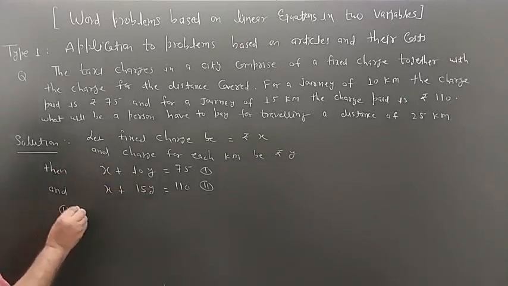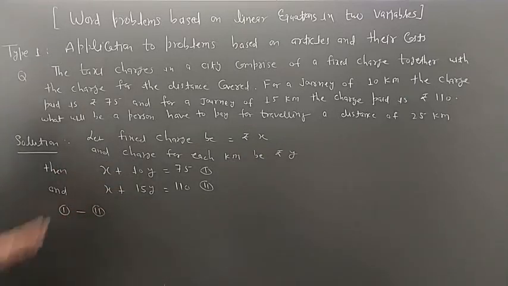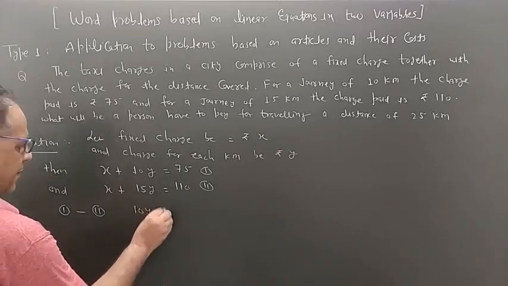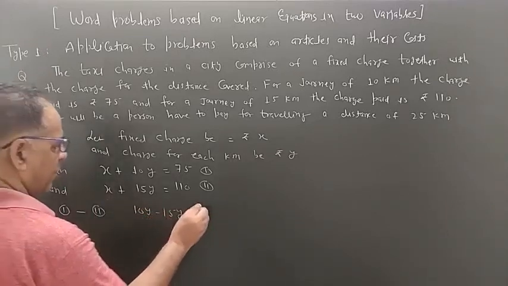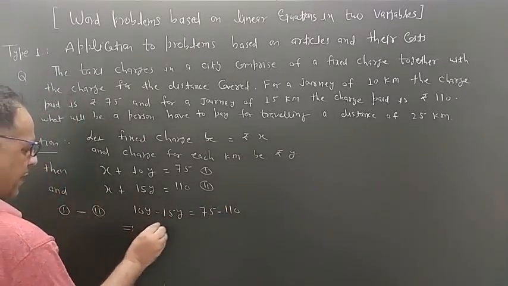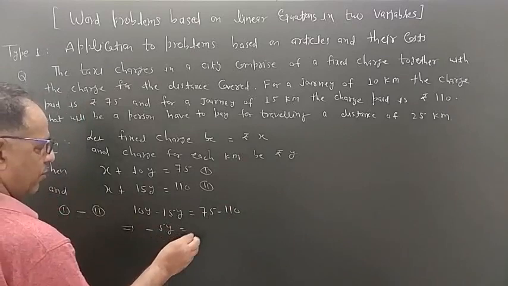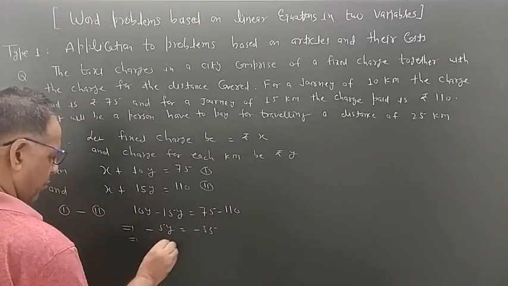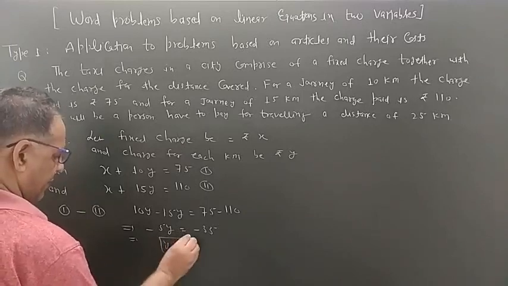So first minus second, equation first minus equation second. So we have 10y minus 15y equal to 75 minus 110. Now we have minus 5y equal to minus 35. So y equal to 7.